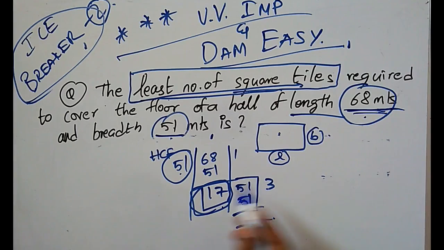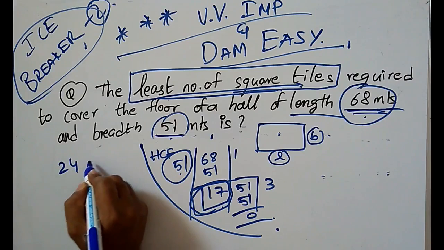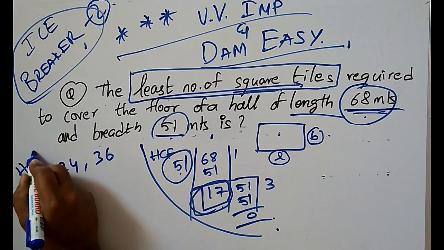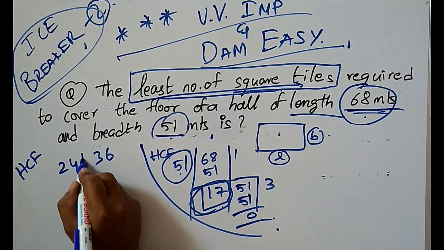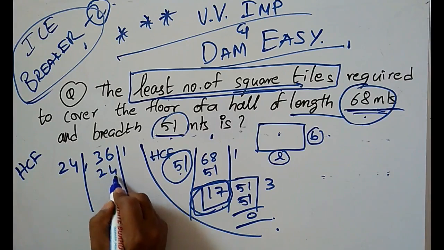Let us take an example. If 24 and 36 are the length and breadth of a floor, find the least number of square tiles required to lay on this floor. If questions come like this, then find the HCF of 24 and 36. You know that 24 ones are 24.